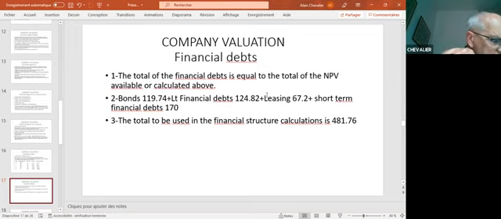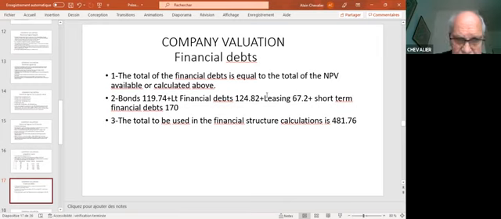A calculation for the long-term debts, 124.82. It has been done and given in the presentation of the case for the leasing contract, 67.2. And we get short-term financial debts, which are still the same. We have decided there is no adjustment, taking into account a very short period of time, which is included here.